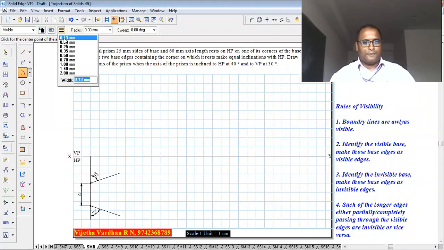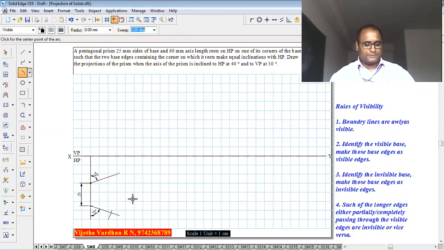Now using the compass, what you are supposed to do is measure the distance between this point to this point, that is at a distance of 25 millimeter. Now measuring this distance, you are supposed to draw an arc like this, and without changing the radius, again keep the compass over here and draw one more arc over here like this.